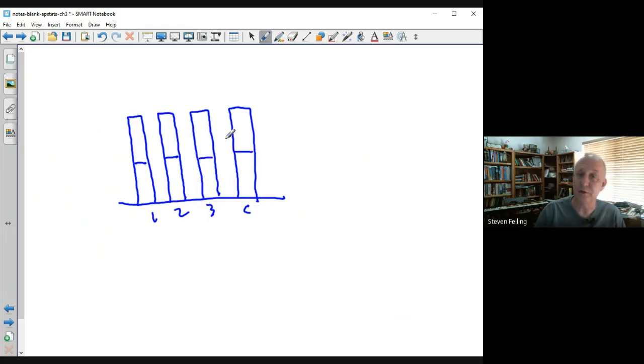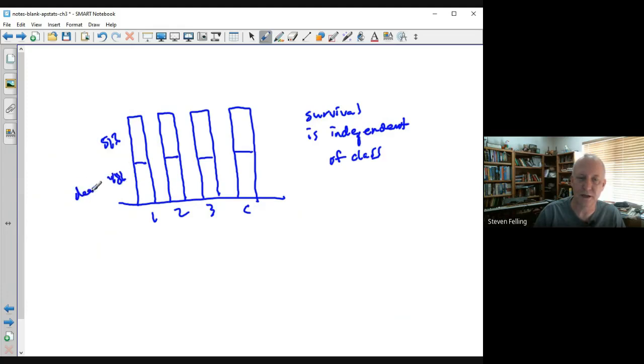So then we would say survival is independent of class, because it doesn't depend what class you're talking about. Maybe it was 52% of people survived and 48% of people died, and it doesn't depend on what class you're on, right? So really it comes down to, are these percentages staying the same, or are these percentages different?